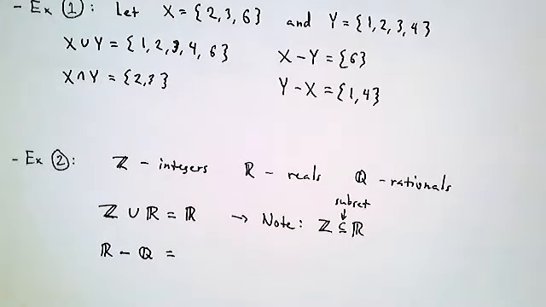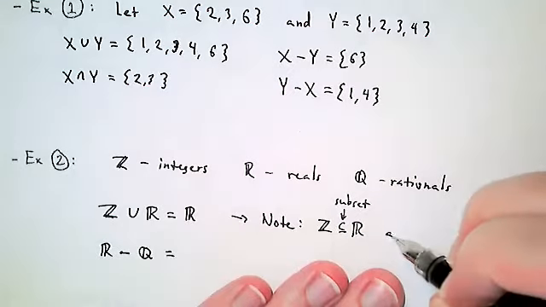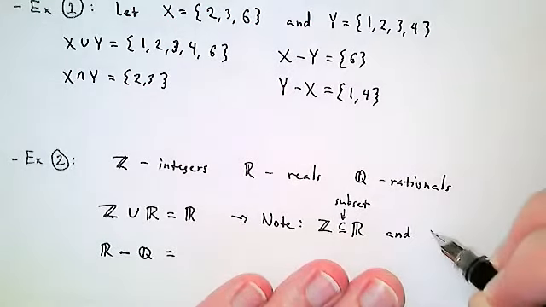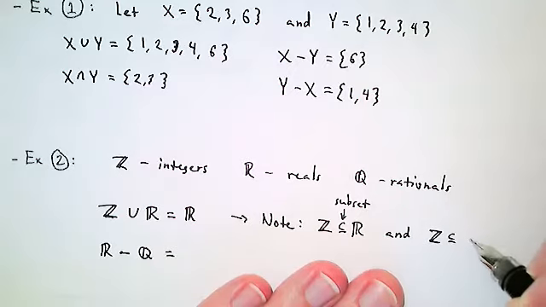Would it be integers? So the integers are actually in the rational numbers. We can add that over here. So Z, the integers, is a subset of Q, the rationals.